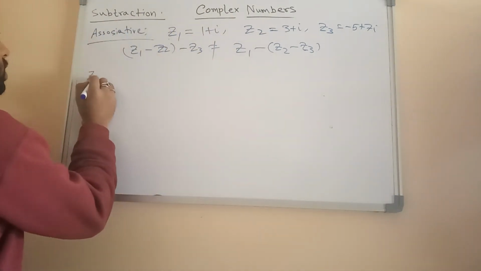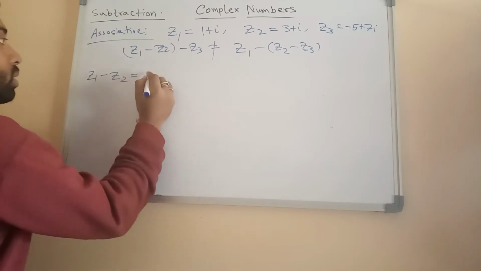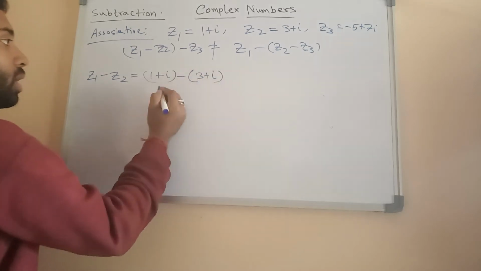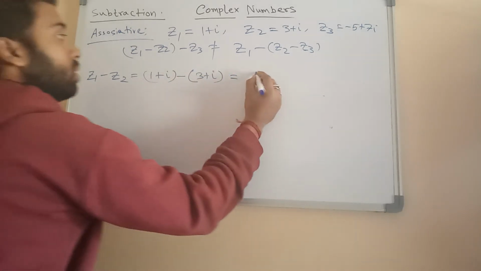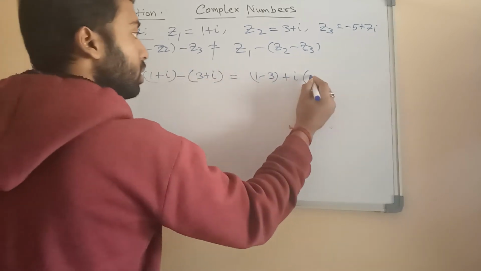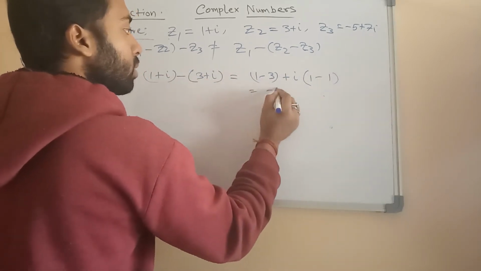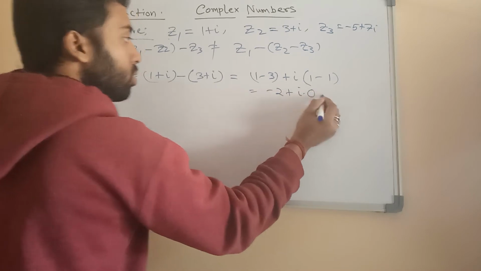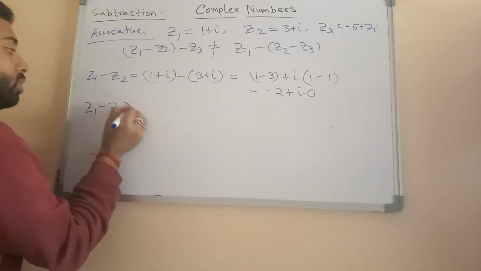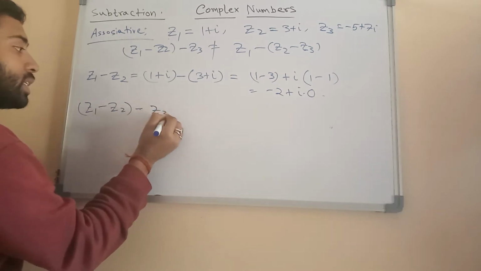So first find z1 minus z2. That is 1 plus i minus 3 plus i. So subtraction between the real parts plus i into subtraction between imaginary parts. So 1 minus 3, it becomes minus 2 plus i into 0. Next, z1 minus z2 minus z3.